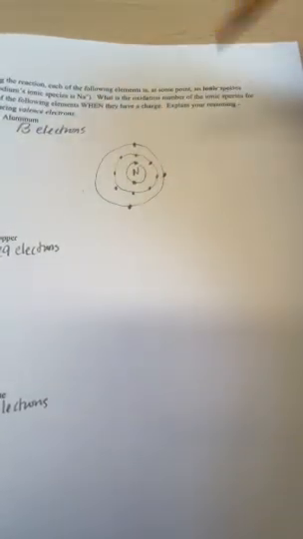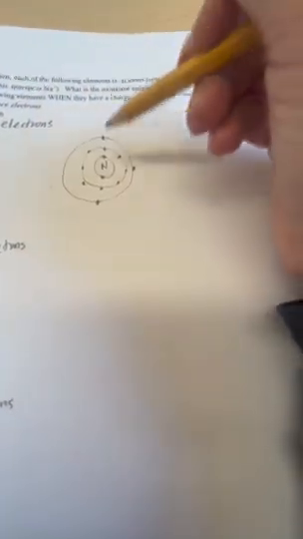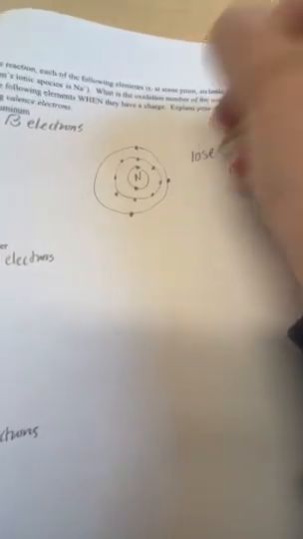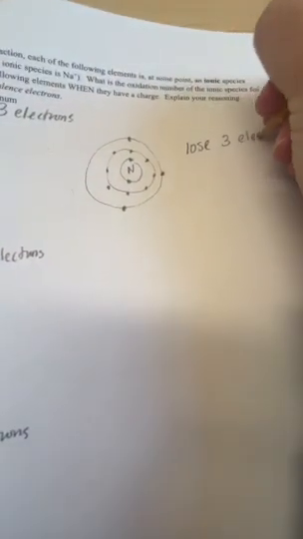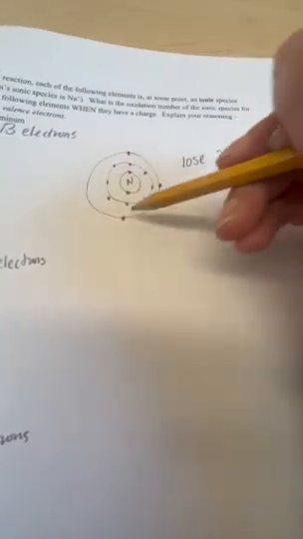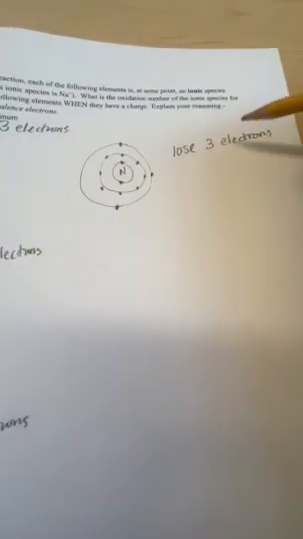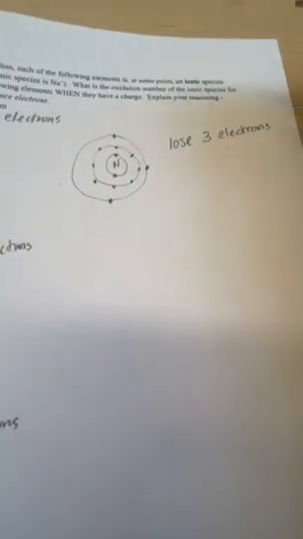It's the outside shell of electrons. So with 13, we need to lose 3 electrons to have a full shell. It wants to gain or lose as little as possible. 3 is smaller than 5, so we're going to lose 3 rather than adding 5.